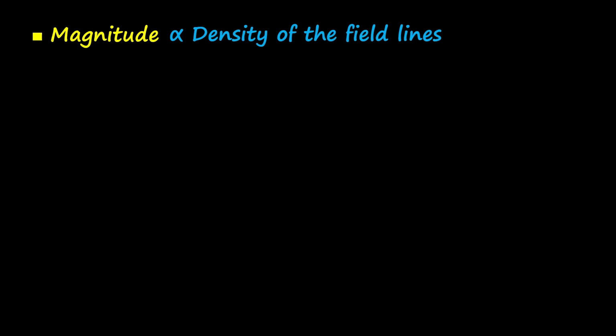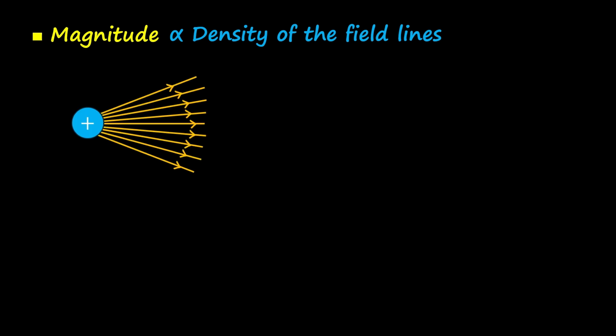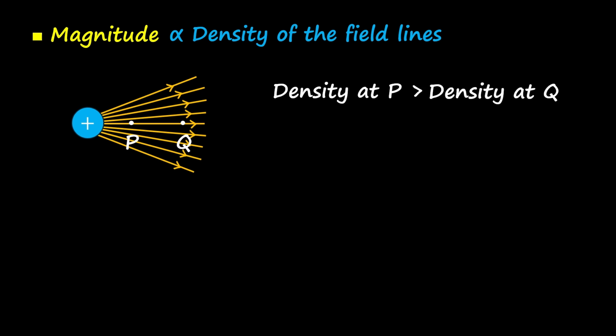Suppose we have a point charge Q, and let's say these are the electric field lines. If I consider 2 points, point P and point Q, then we can see that the density of field lines at P is greater than the density of field lines at Q. So we can say qualitatively that the electric field at P is greater than the electric field at Q. What about the direction?